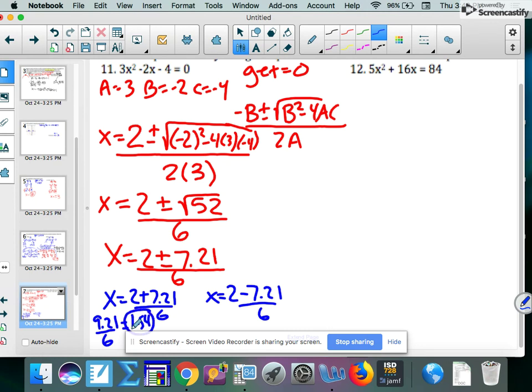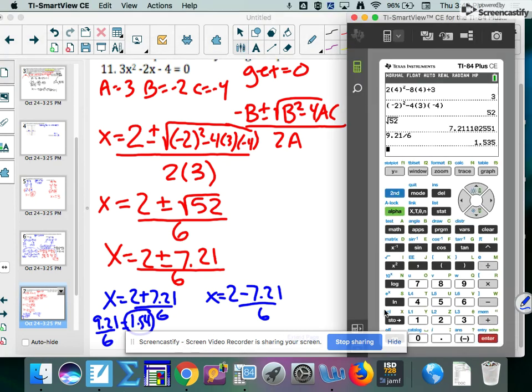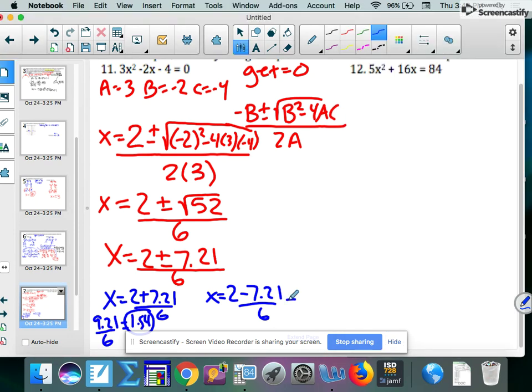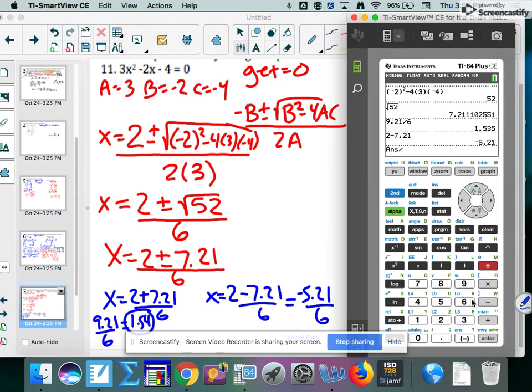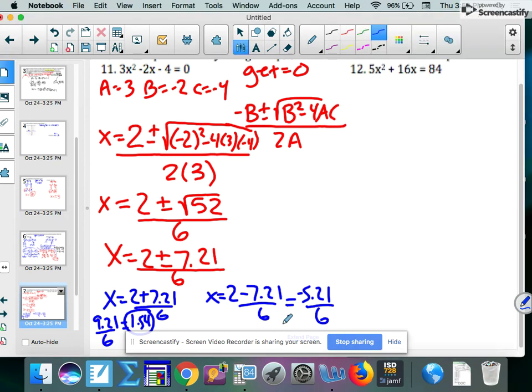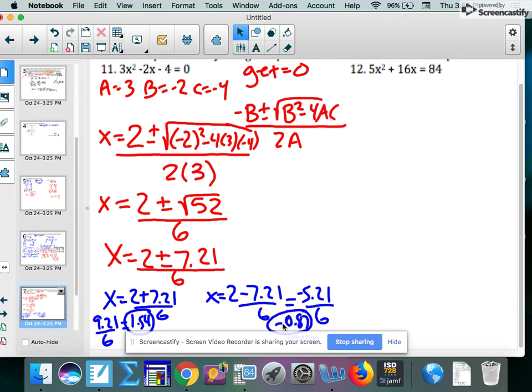Over here, 2 minus 7.21 gives you -5.21. And then you'd have to divide that by 6 still. I get -0.87. That would be your final answer, those two answers then.